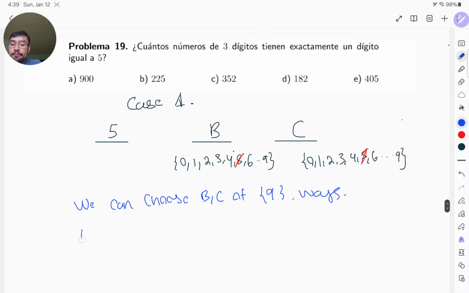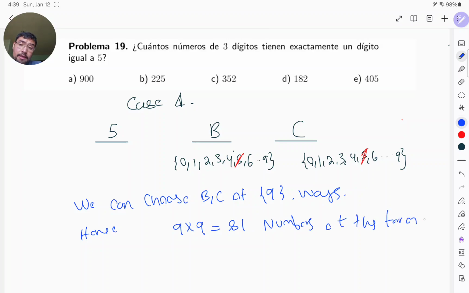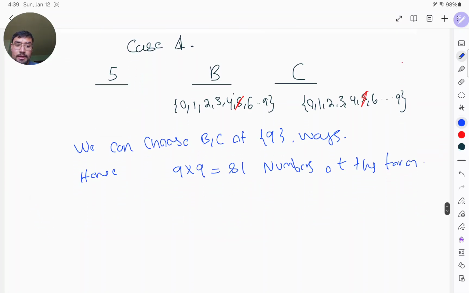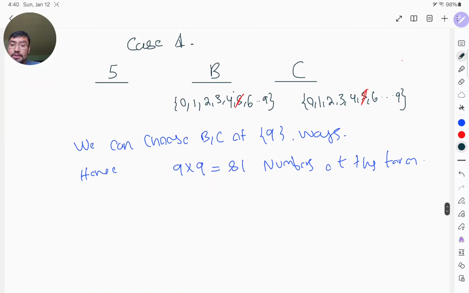Hence there are exactly 9 times 9, which is 81 numbers of this form. And case 1 is solved. Now let's pass to the second case.